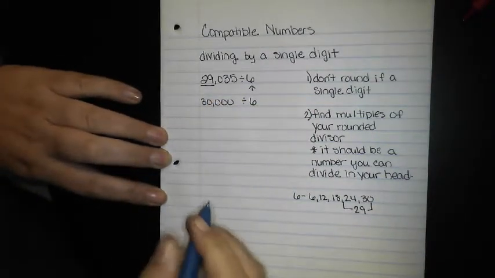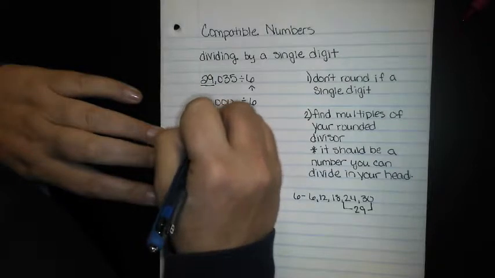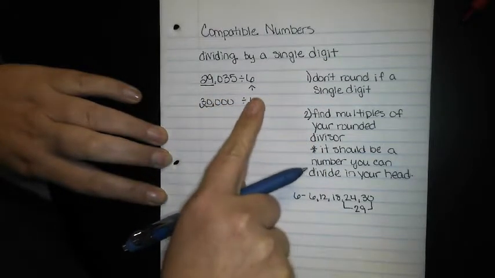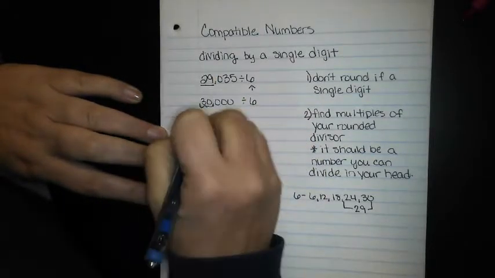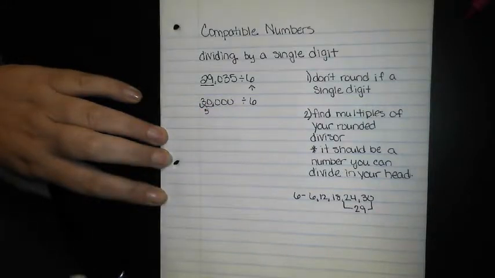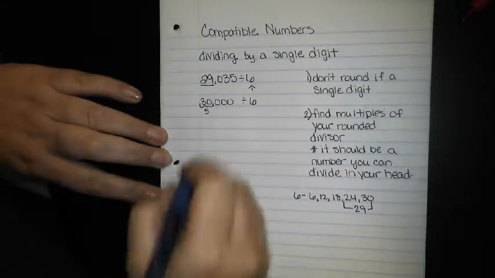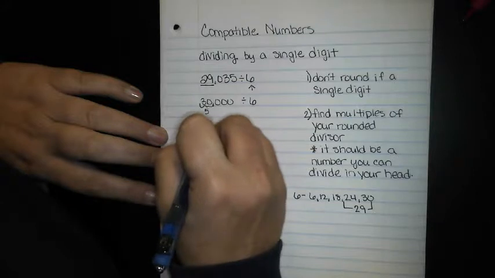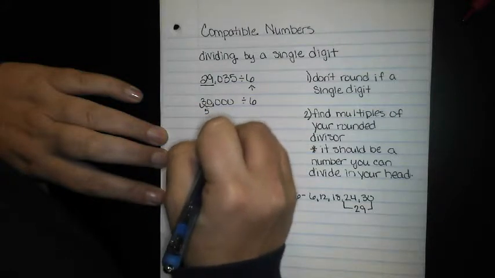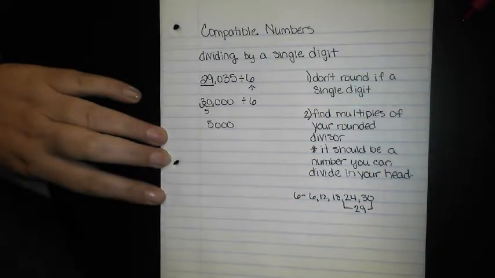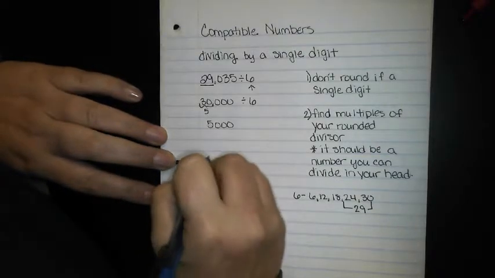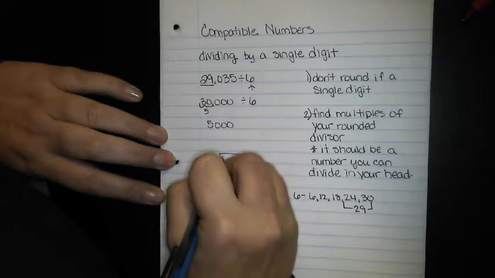This is a good number because 30 and 6, we know that 6 goes into 30 5 times. So we should be able to do that in our heads, giving us 5,000 as an answer.